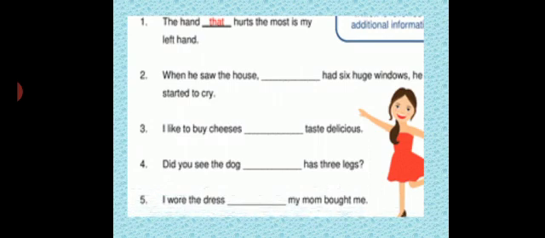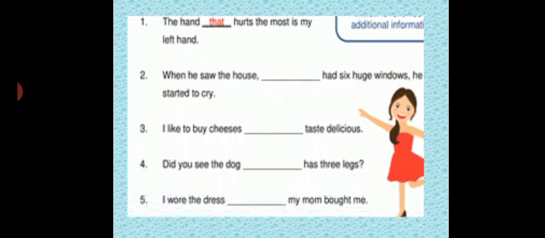That is how I am going to go on adding relative pronouns to all the sentences that are going to follow in this particular slide, even the next slide. Now, let's solve second example. When he saw the house dash had 6 huge windows, he started to cry.